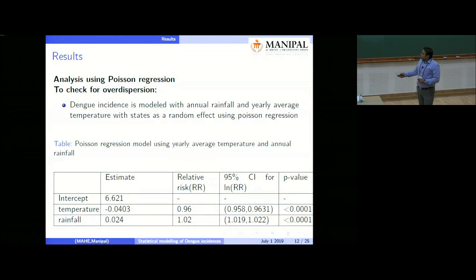So Poisson regression is saying rainfall is a harmful factor and temperature is a protective factor. You can also see the confidence interval does not include the value 1, so Poisson regression is saying that both of these climatic variables are significantly associated with dengue incidences.